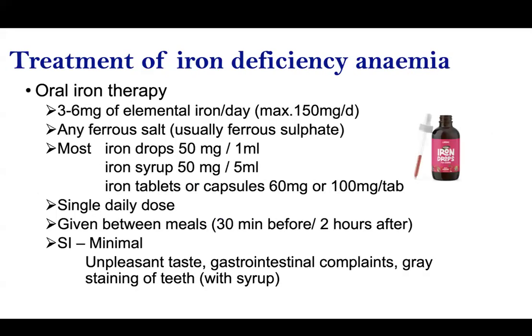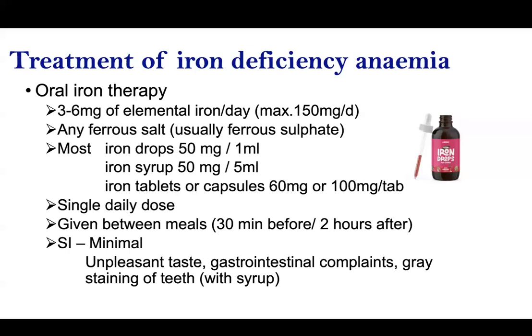How do you treat iron deficiency? Obviously with iron syrups, but I'm sure you know that iron is something you do not prescribe in generics, at least in children, because different iron preparations have different amounts of iron.